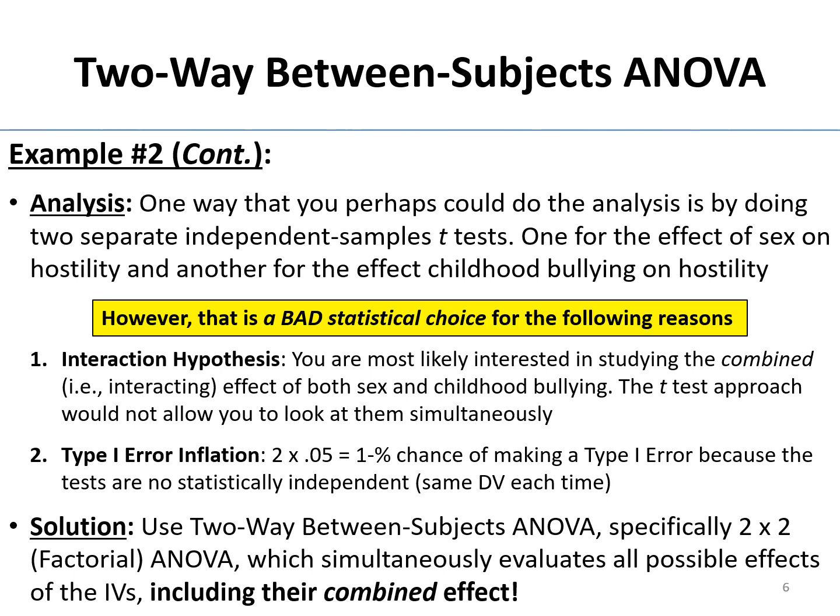Do the 2-way ANOVA. If you do the 2-way between subjects ANOVA, for example, this 2 by 2, you'll find that it's going to simultaneously evaluate all possible effects of the independent variables, and that includes their combined effect. So each of their individual effects plus their combined effect at the same time.